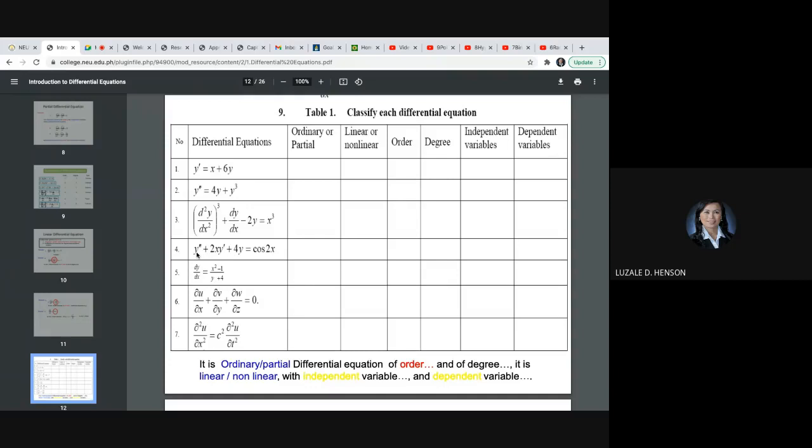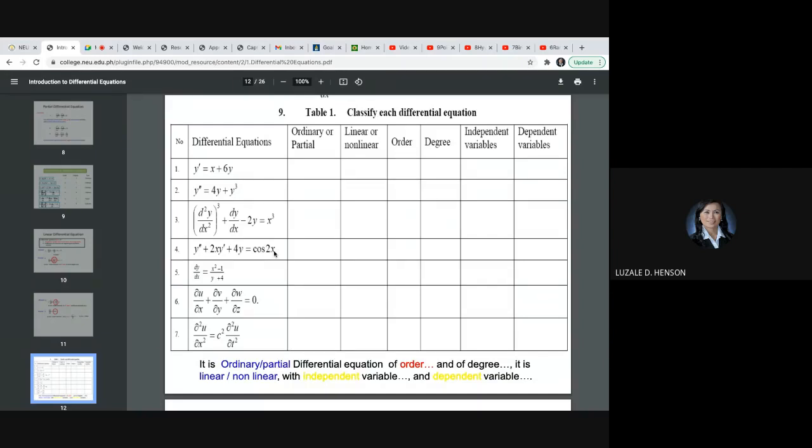The first term has a degree of 1. Although we have a second order derivative here, the degree is 1. In the second term, we have an order of 1 and degree of 1. This is variable y. Now, the right side of the equation involves a trigonometric function, but the variable involved here is x, not the dependent variable.